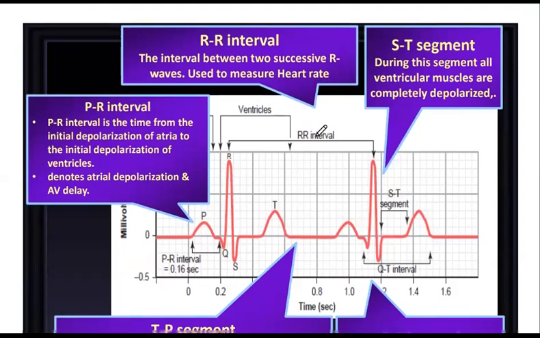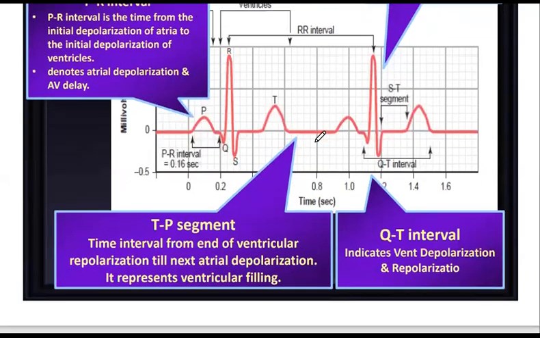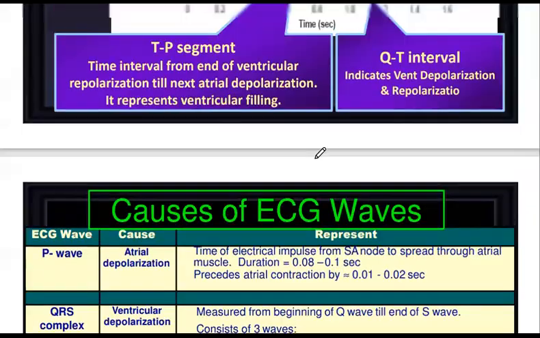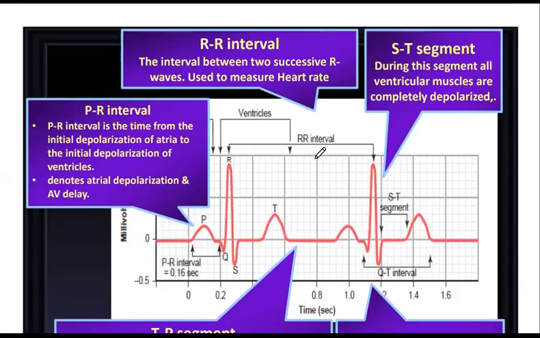Next, we have to understand intervals and segments. What are the things we have to remember? Basically, the RR interval will give us the measure of heart rate. This is one box, this is one box, this is one box, this is half a box, and this is half a box.